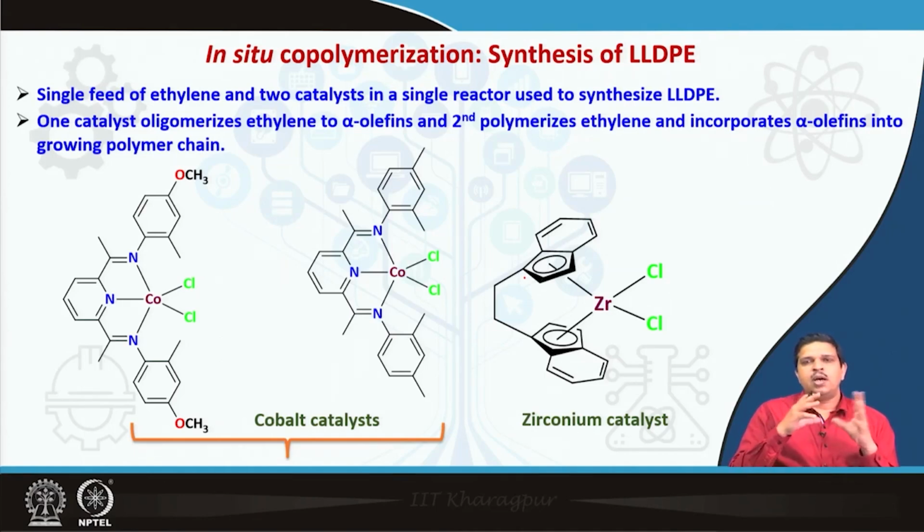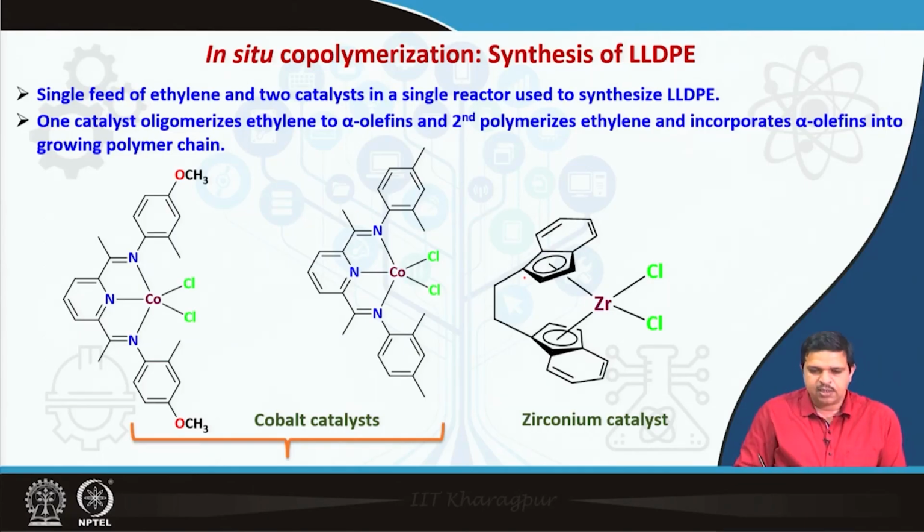That means the oligomerization and polymerization will be in the same vessel, the polymerization vessel, with two catalysts, or two catalytic centers is better to call. Two catalytic centers will be operating simultaneously to give our alpha olefin copolymers, that is the LLDPE.